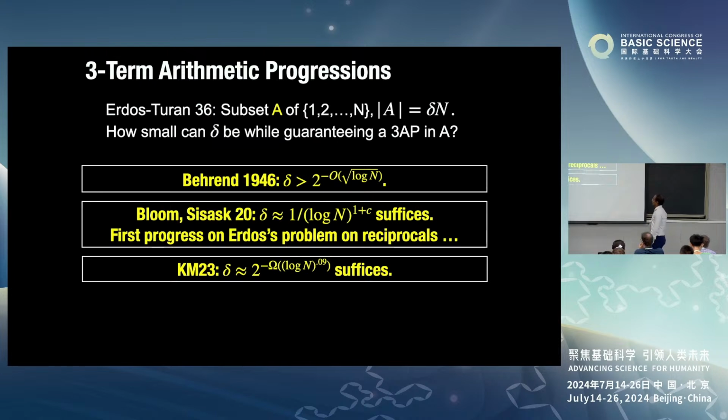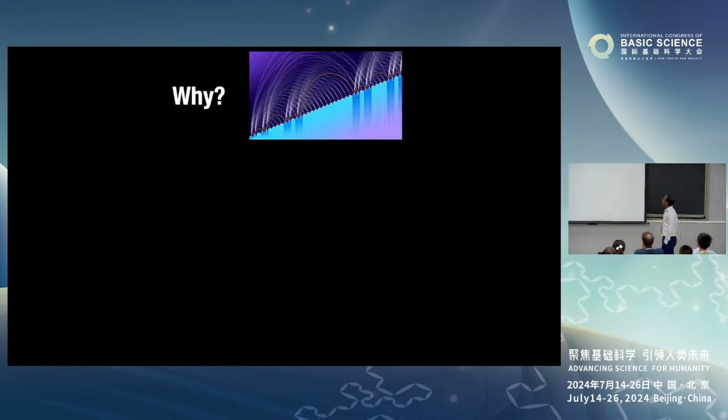And what we showed last year was that the truth is actually closer to Behrend's example from 1946. So, you know, we were shaving all these log factors, but 2 to the minus root log n, that seems to be the right answer. That any set with roughly 2 to the minus log n to the 1 over c density will contain this pattern. That exponent has since been improved. Okay, that's the main result.